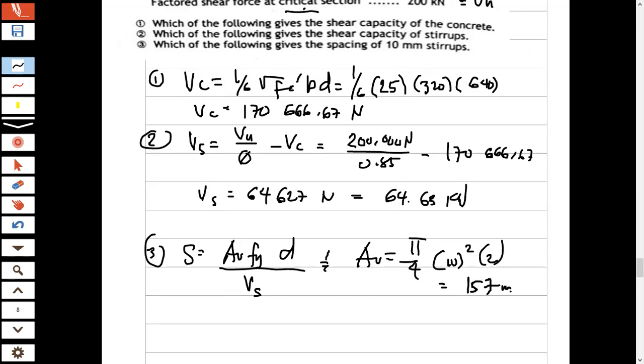Wala naman siguro stirrups na isang side lang. Okay? So you have here AV 157, FY is 400, D is 640, and then you have VS is 64,627.